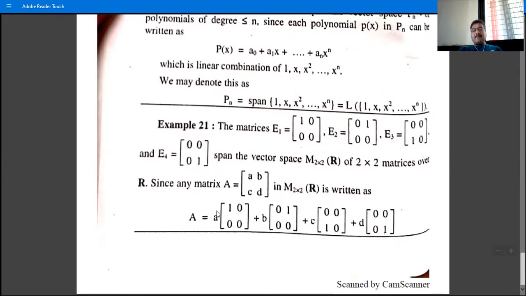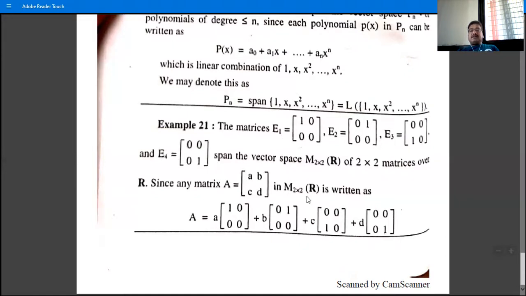If we apply the definition of scalar multiplication and vector addition and simplify the right-hand side, we get the answer A, that is (a b; c d). So any vector of M2x2(R) is expressed as a linear combination of E1, E2, E3, E4.